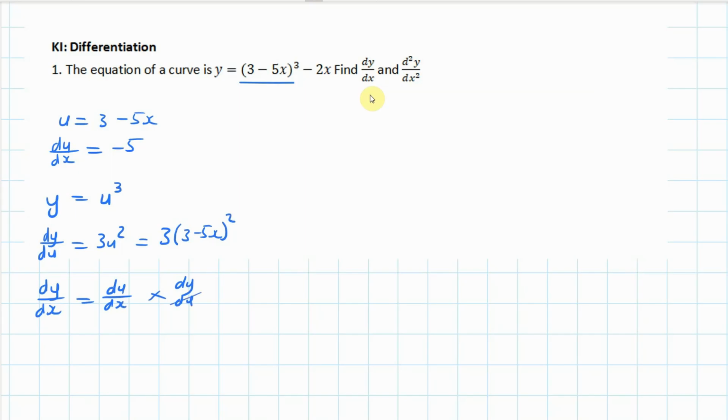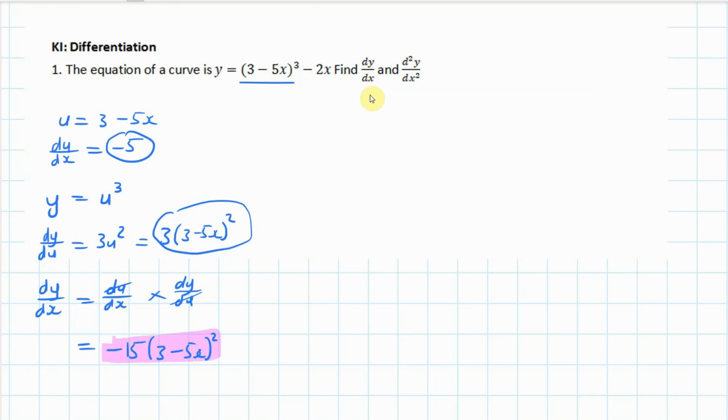You can see we can cancel those out and we're left with dy/dx. So we take this and we multiply it by this. So that gives us -15 into (3 minus 5x) all squared. Now, hold your horses, I haven't quite finished yet. Okay, so you can see this is the answer we get.